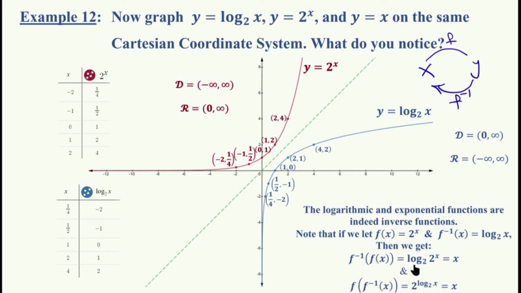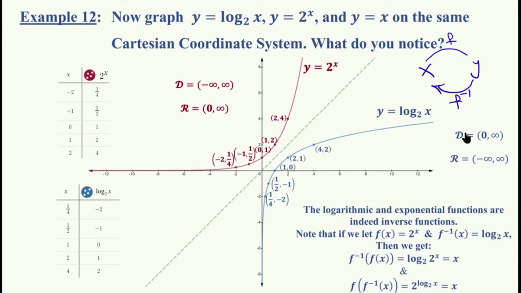And notice that we do, because f inverse of f of x just means, in this case we're calling log base 2 of x the f inverse function, so it just means log base 2 of 2 to the x. So that means plug in 2 to the x where you see x in this expression.